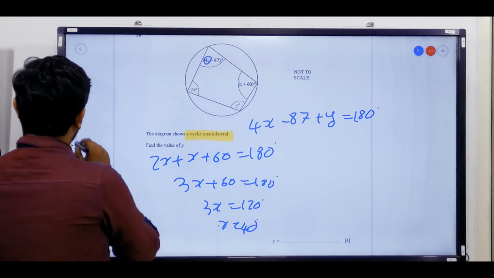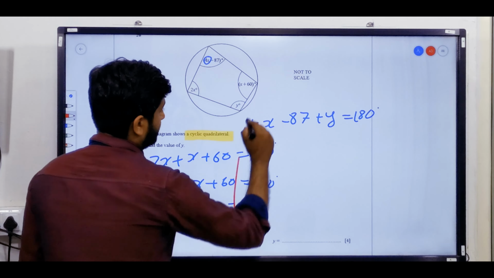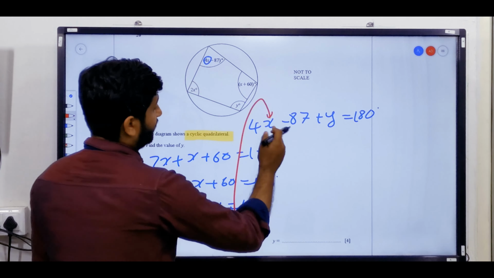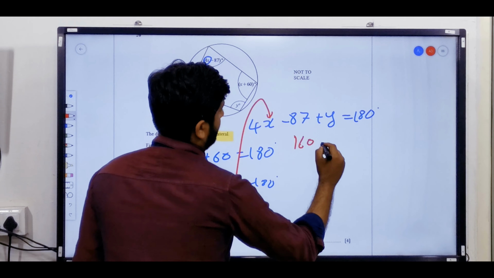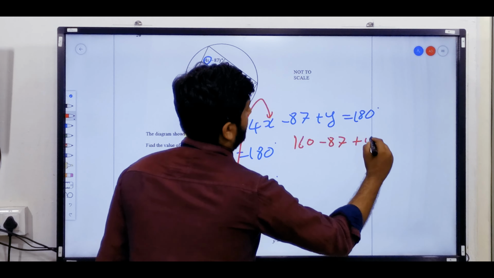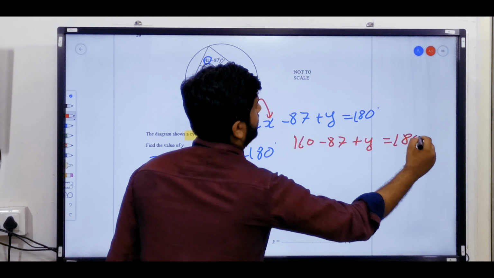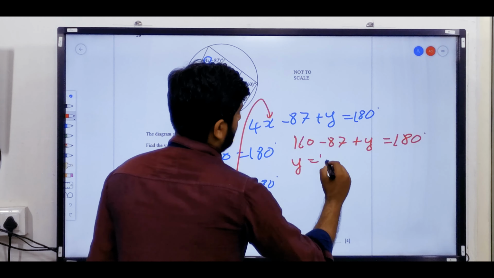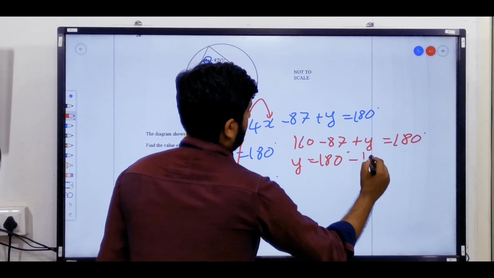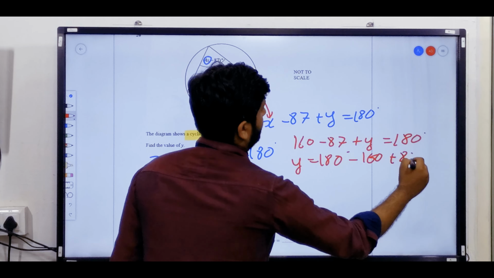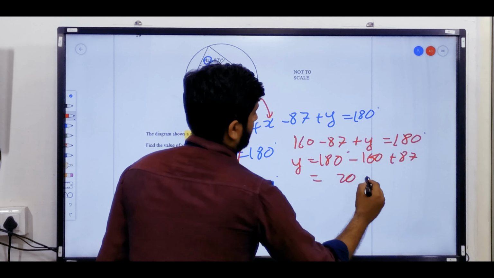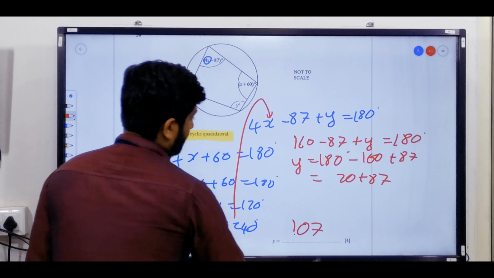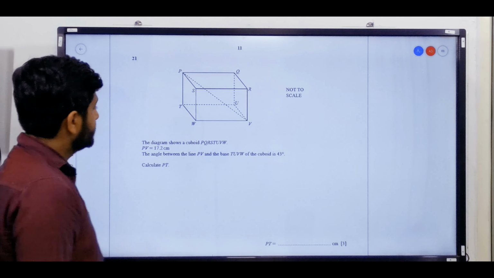Let us substitute the value of x here. 4 into 40, sorry, it is 160 minus 87 plus y equals 180. So my y will be 180 minus 160 plus 87, 20 plus 87, which will be 107.